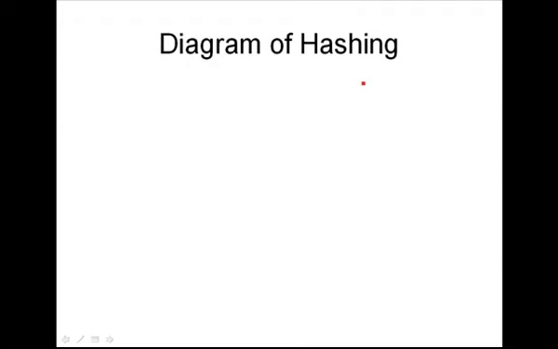So let's look at a basic diagram of hashing. We're going to start out with something to be hashed, and in this case it's going to be something digital. Could be a document, could be a password, could be a PIN number. This is going to be fed into the hashing algorithm.